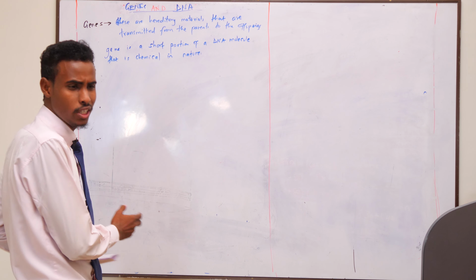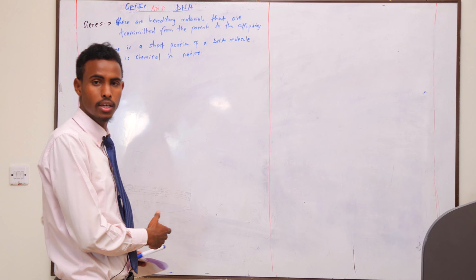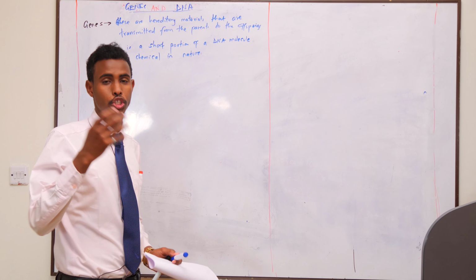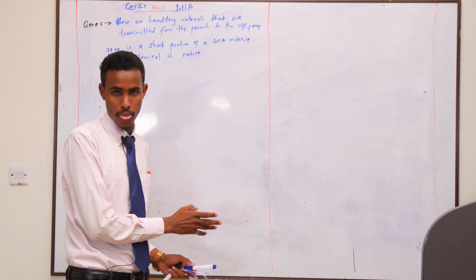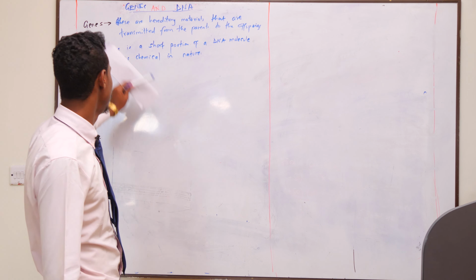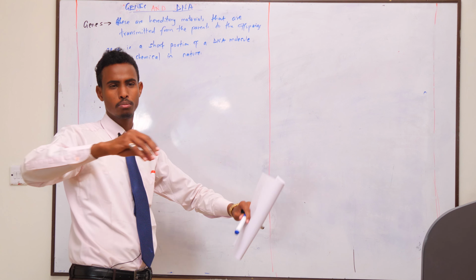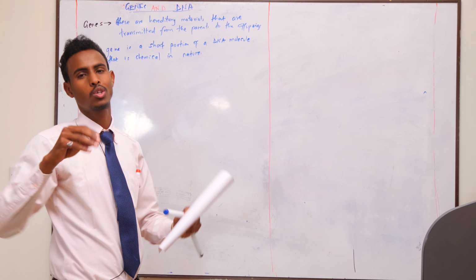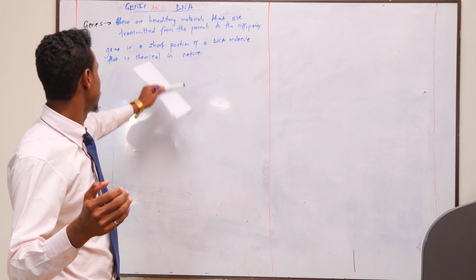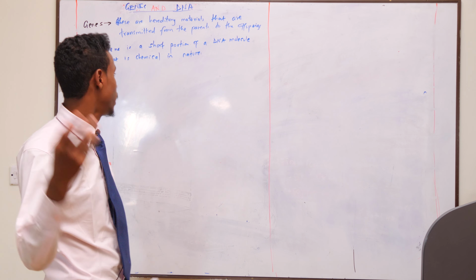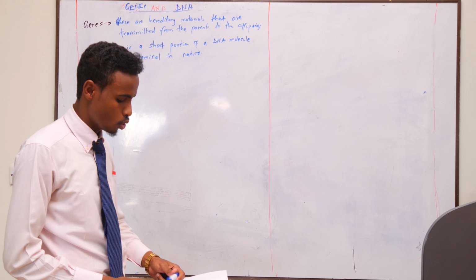A gene is either the gene for tallness or the gene for shortness, or it can be the gene for a certain skin color. That is the gene and DNA relationship. The DNA is like a long instruction manual that contains codes for various characteristics, while the genes are the chapters in a DNA molecule.